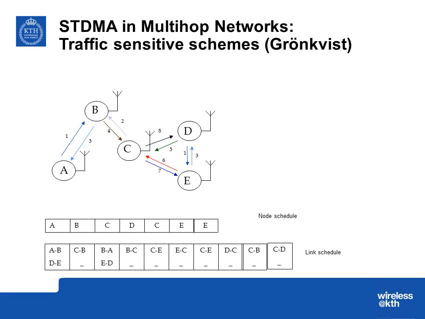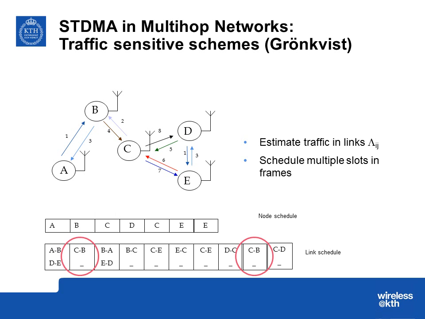So a lot of traffic will go through links B to C and also C to D or C to E. This can be managed by estimating the traffic, and then we schedule multiple slots for those links that carry a lot of traffic. In this particular schedule below, we could either schedule C and E several times in the node schedule, or we can schedule the links C to B and C to E several times in a link schedule.